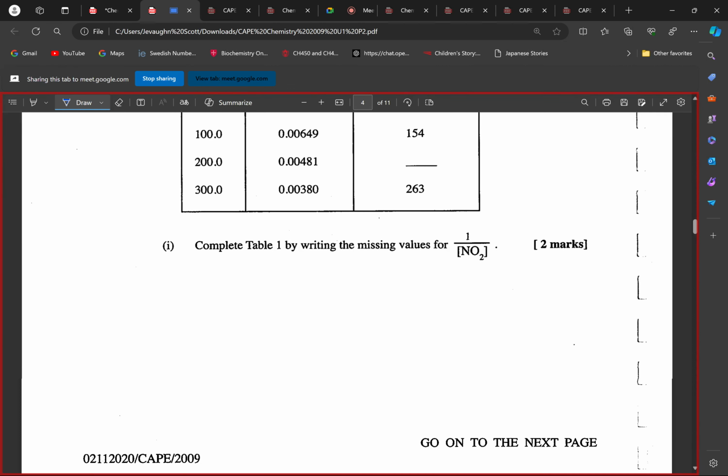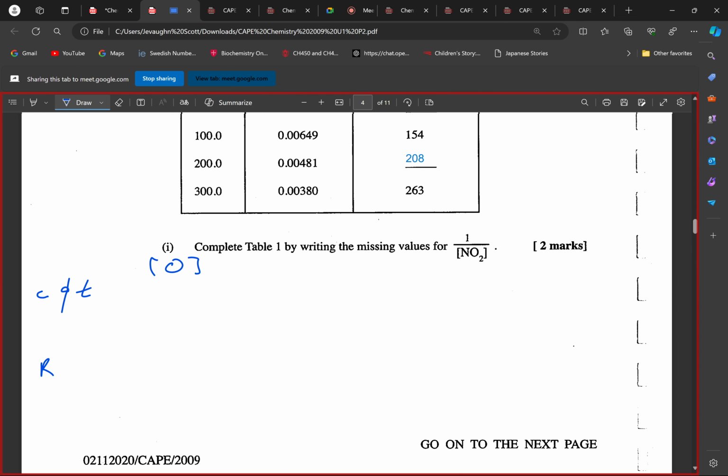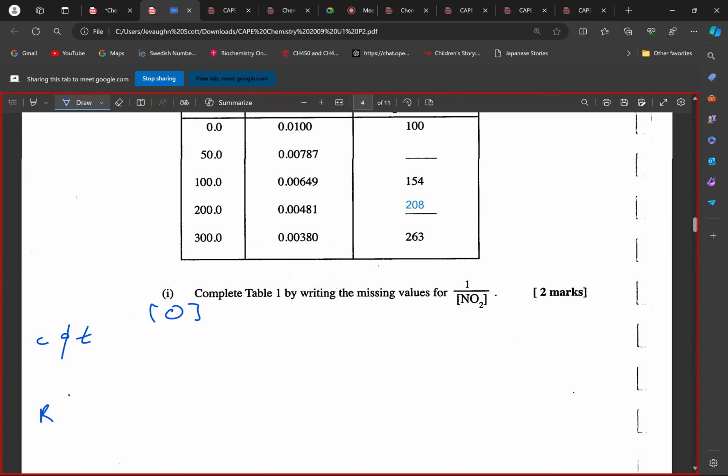Okay, let's put zero order here, with concentration time. So concentration and time. And here we'll put the rate and the concentration. And let's draw all of these graphs and get them done right now. With zero order, concentration time graphs will look like this.